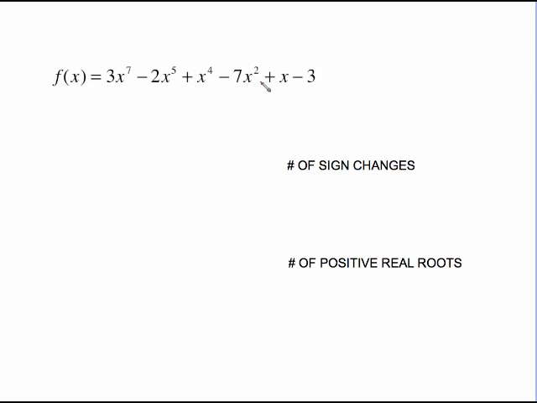Here's a new polynomial. Let's see if we can find the number of sign changes. Remember to start at the beginning. That is a positive. Positive next to negative, that's one change. A negative next to positive, that's another change. A positive next to negative, that's another change. Negative next to positive, that's another change. And positive next to negative, that's going to also give me a change. So that's 5 sign changes.